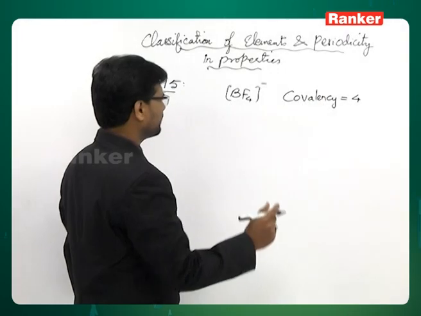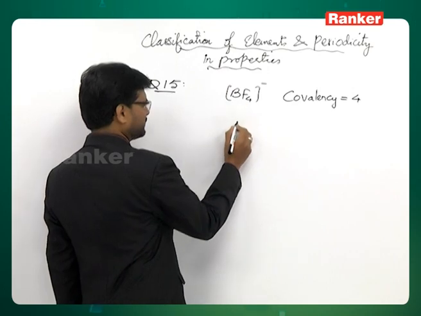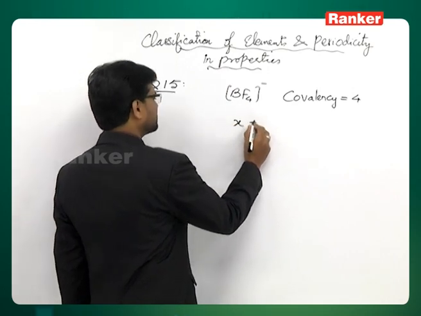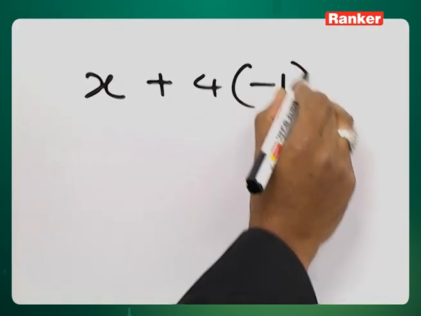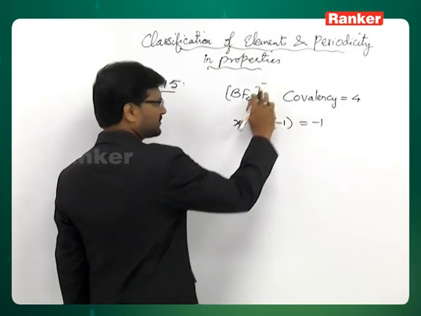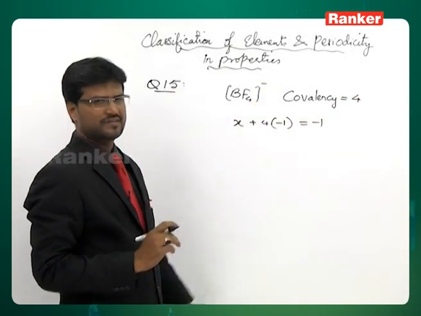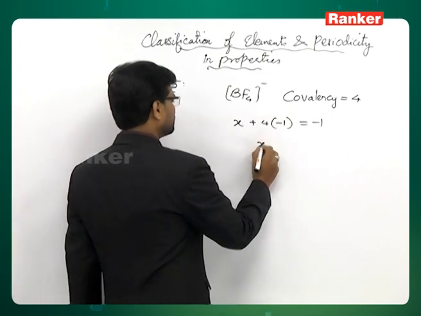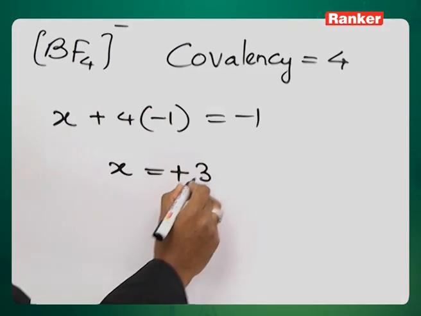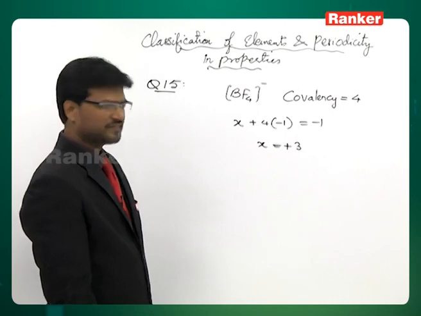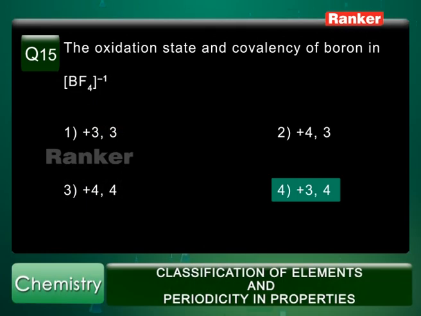Whereas, for the calculation of oxidation state, let us assume that boron is x plus 4 into minus 1, it comes to minus 1 because the sum should be equal to the charge carried by the radical. So, x will come to plus 3. So, oxidation state of boron is plus 3, its covalency is 4. So, the correct answer is fourth option. Covalency corresponds to number of covalent bonds formed by an atom of element.